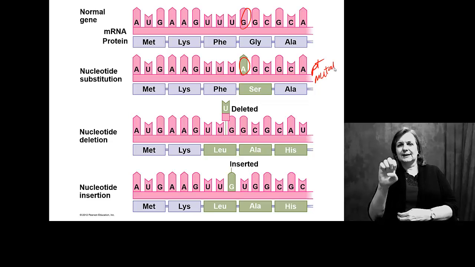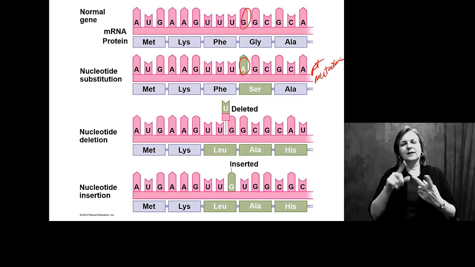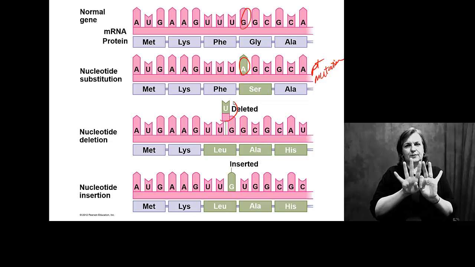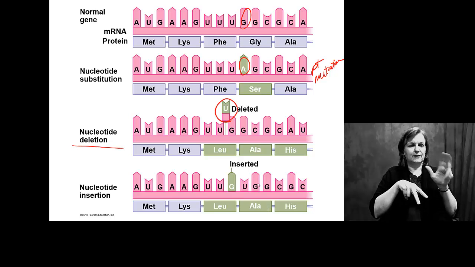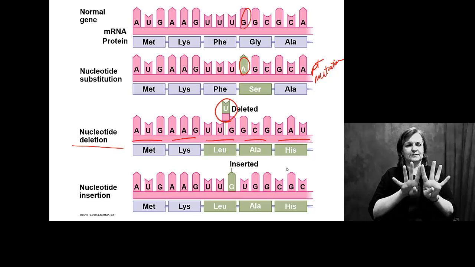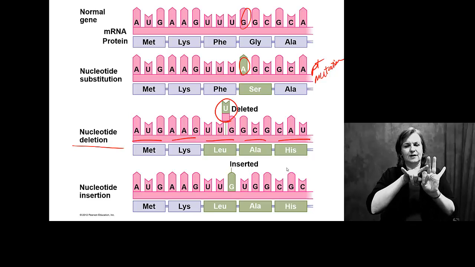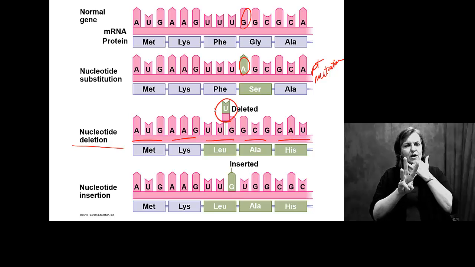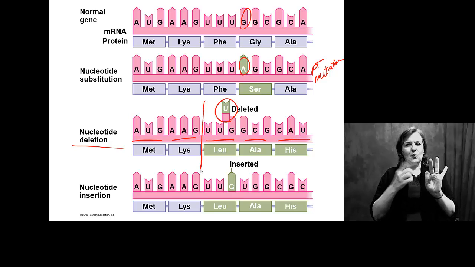Or they have here a nucleotide substitution, it's the same thing. What if I go in and take out a U? If I remove a U, a nucleotide deletion, I still have to read in threes. So everything after is wrong. You see that? As soon as this mutation happens, everything after is wrong.